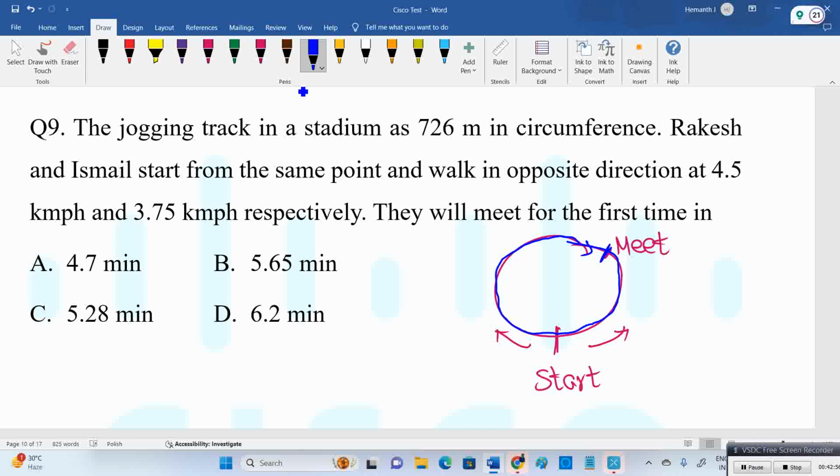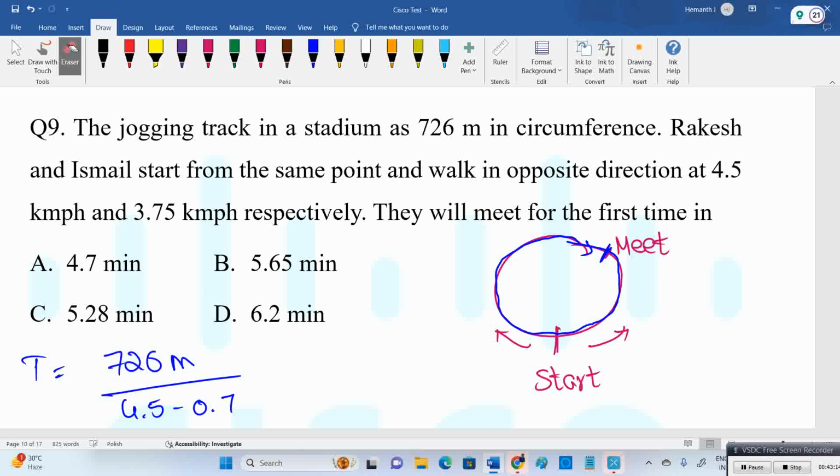726 meters. So time is distance over speed. We want the answer in minutes. Distance is 726 meters. In the denominator, should the speeds be subtracted or added?